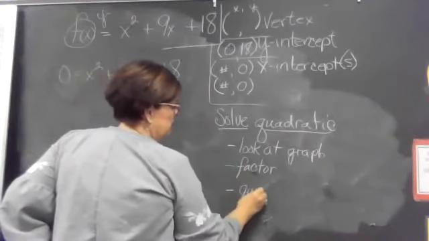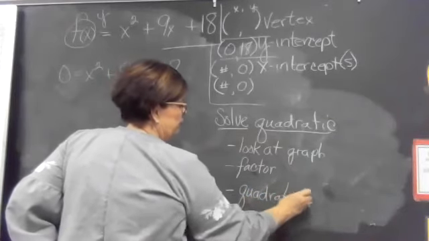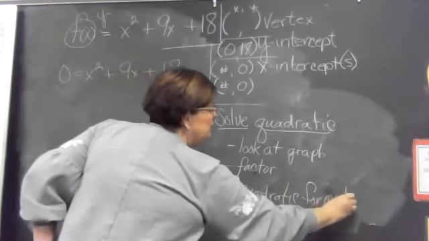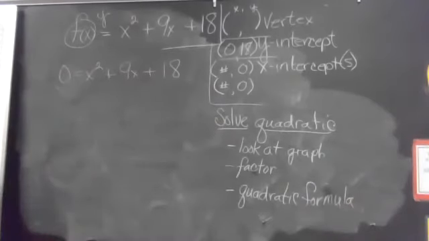The quadratic formula. Now, the quadratic formula is actually on your formula chart. It looks crazy bad when I put it on the chalkboard for the first time. Okay? Go ahead and show her where it is.